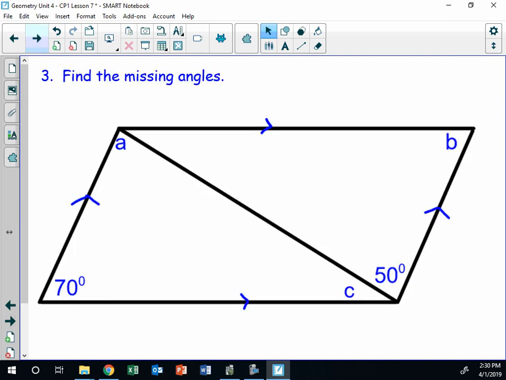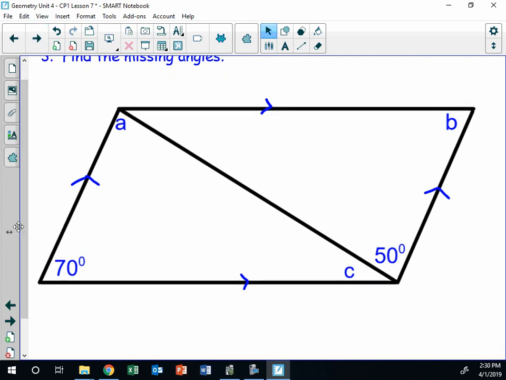Okay, finishing up here, finding some missing angles within a parallelogram. We know that we have the opposite angle conjecture. That allows us to copy the 70 degrees up into angle B. Now we have some triangles that we're working with. So we can use the idea of the triangle equaling 180, or the triangle angle conjecture, to know that, and we're going to have to put a new letter in.